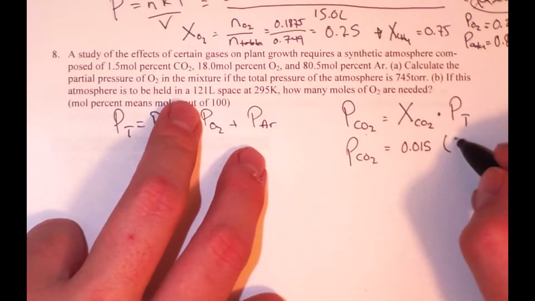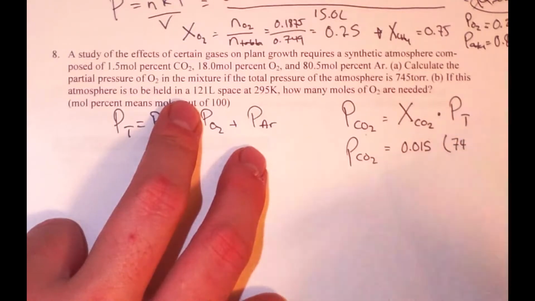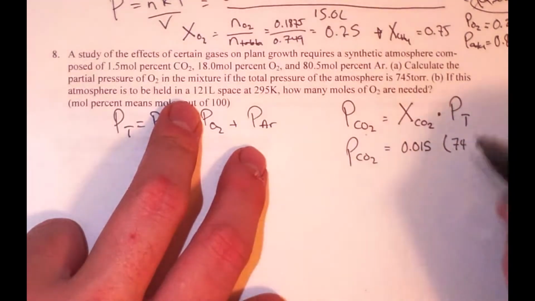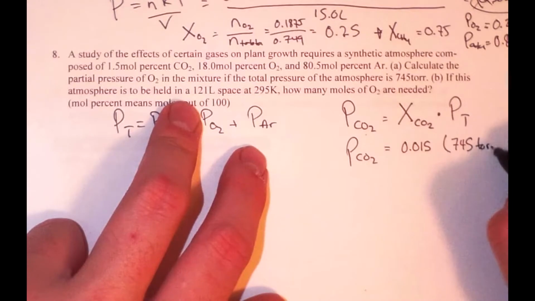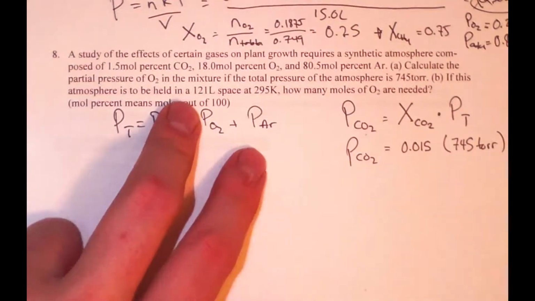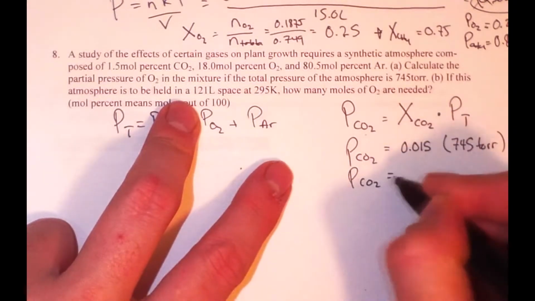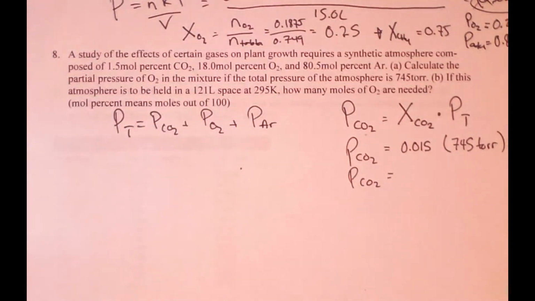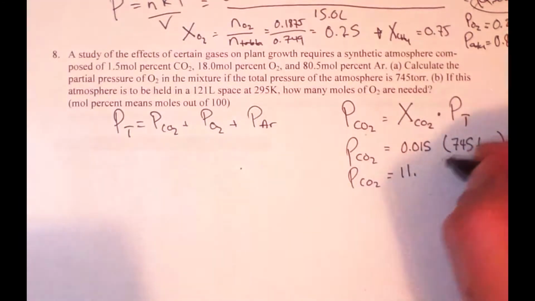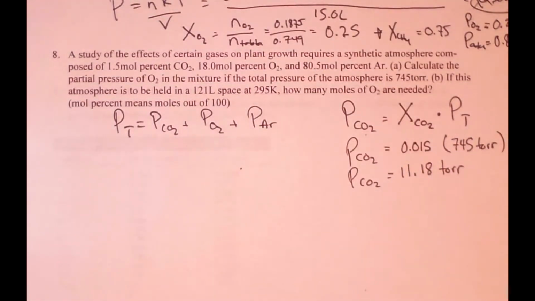Times 745 torr, which would be the pressure of the atmosphere. So the pressure of CO2 is 0.015 times 745, which equals 11.18 torr. And we can repeat this for every gas.